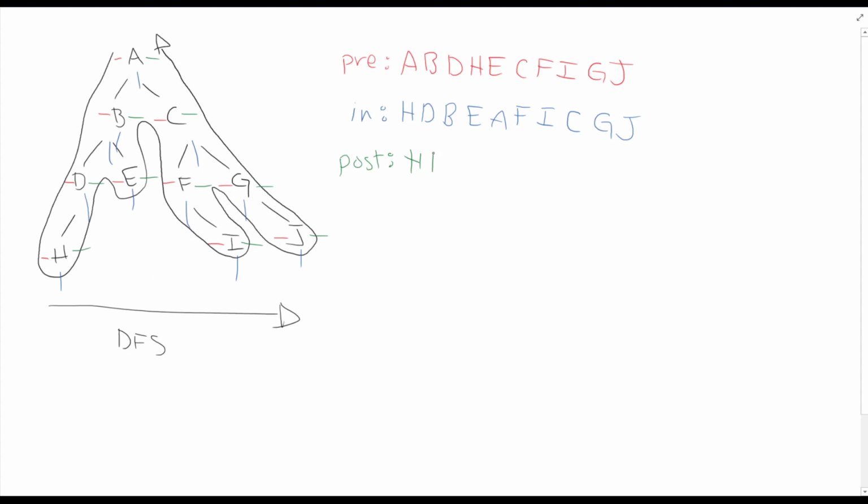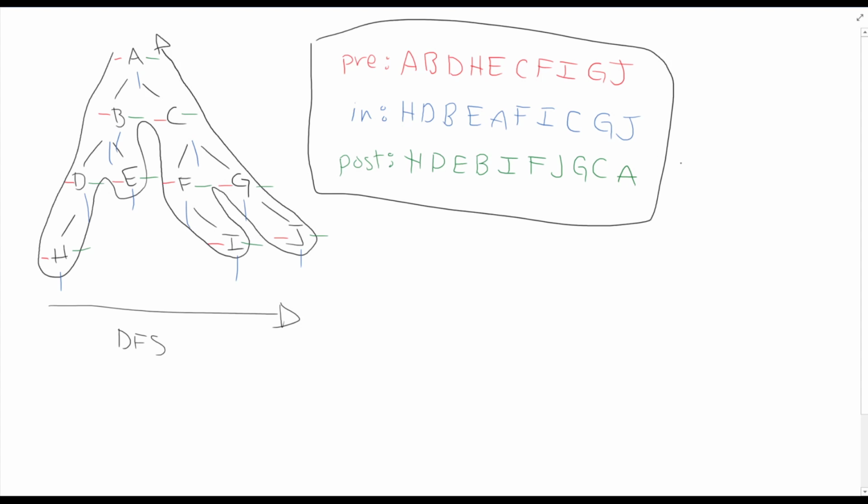Looks like we get D, but now we got E, then B, not A yet, coming all the way around here, we get I, F, J, G, C, A. And indeed, if we take a look, these are indeed the traversals that we just came up with. So we're good. So this is a little trick.